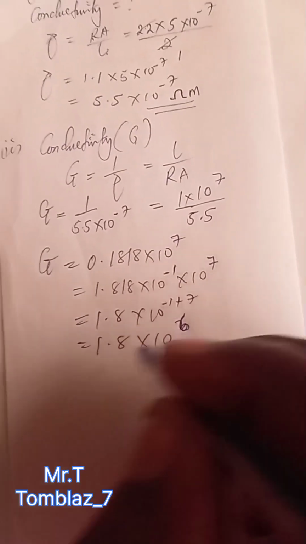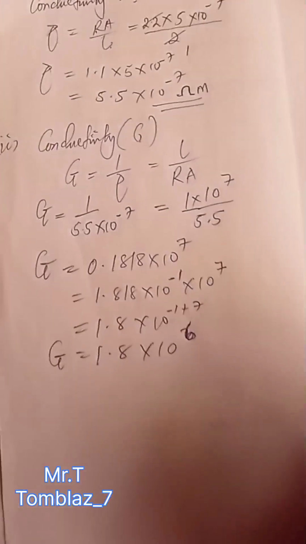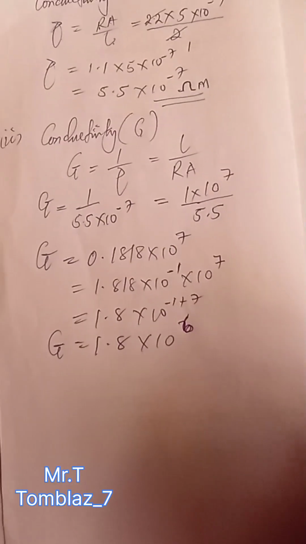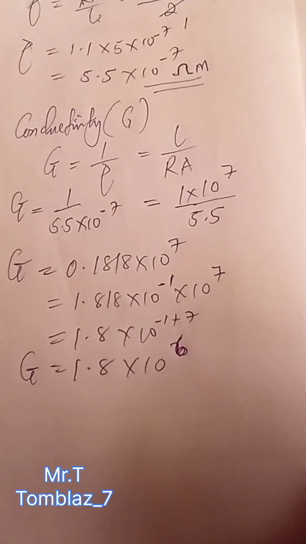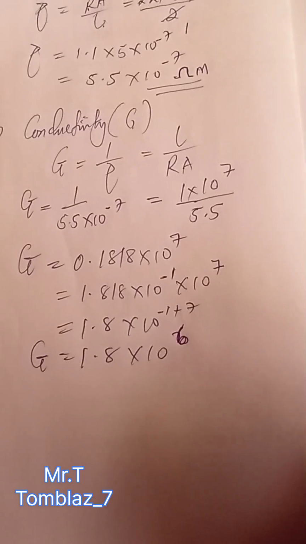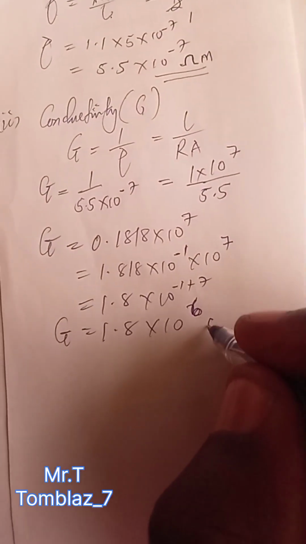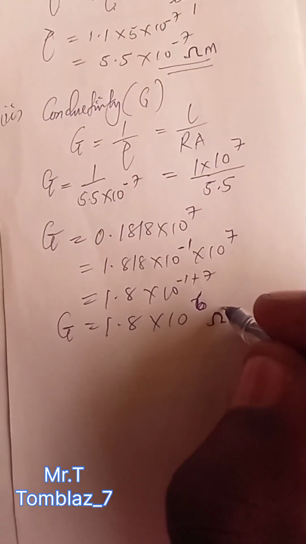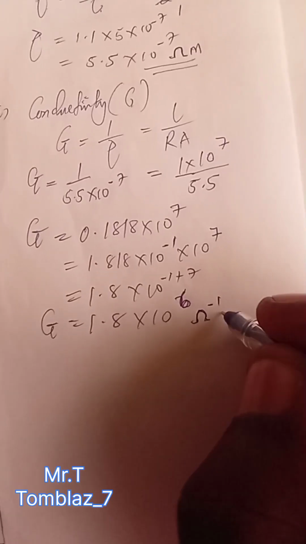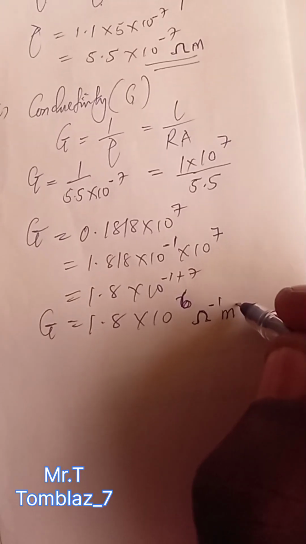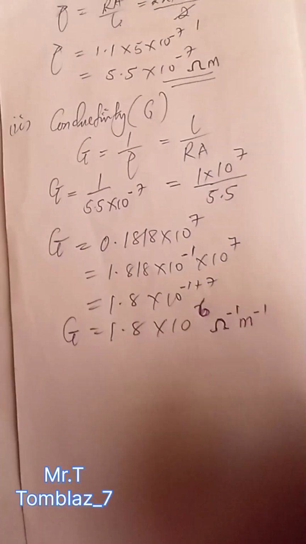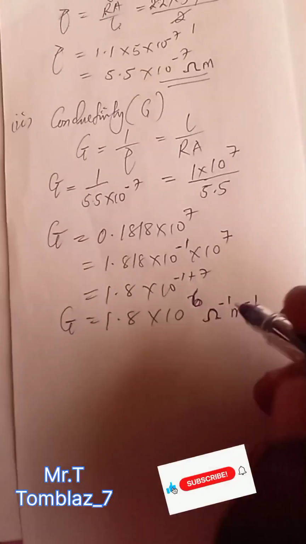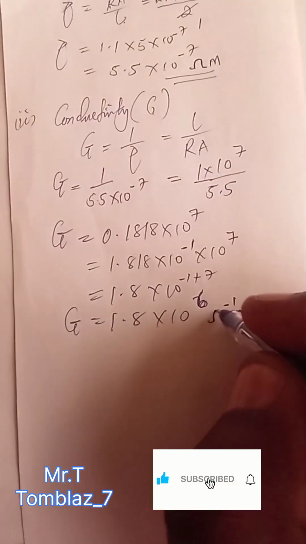Now, what is the unit of conductivity? The unit of conductivity is ohm inverse m inverse. Just like saying per meter per ohm, right?